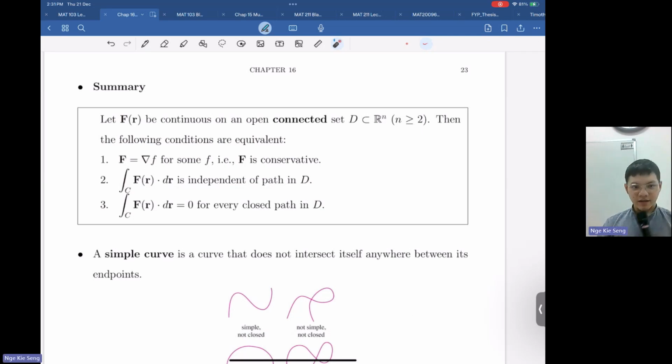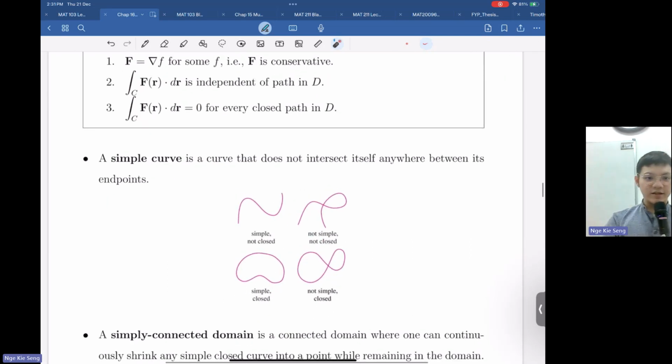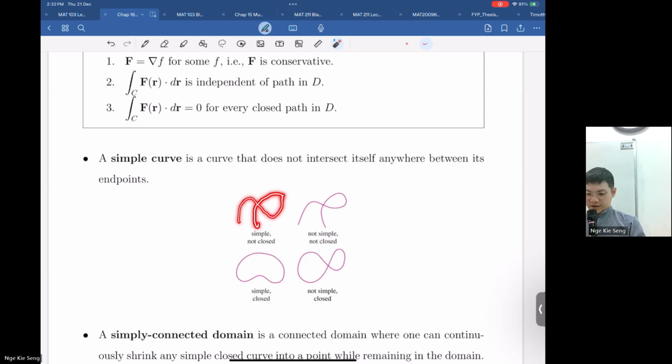Let's continue. We will introduce what a simple curve is, because later we'll introduce more stuff. A simple curve is a curve that does not intersect itself anywhere between its endpoints. The first one is simple because it doesn't intersect itself. It's not closed because the endpoint and the starting point are not the same.